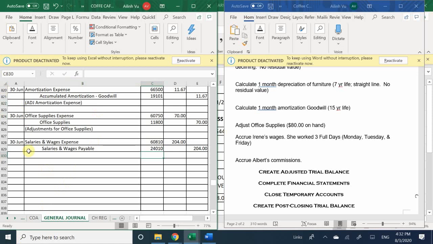And then my note here will be accruing Irene's wages, for $204.